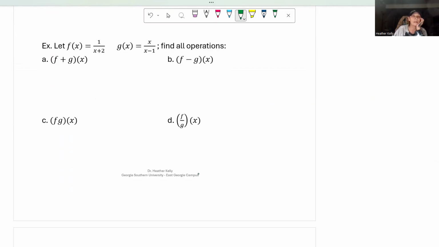So the first one is the two added together. So I'm going to say 1 over x plus 2 plus x over x minus 1. I should have said and simplify.